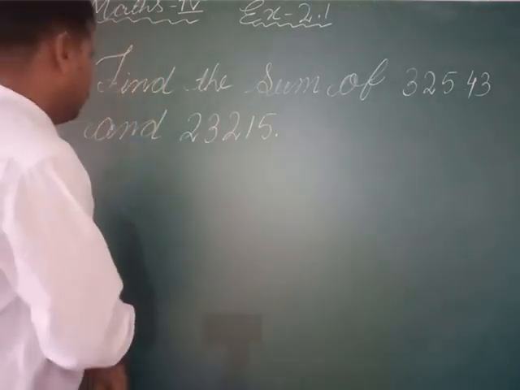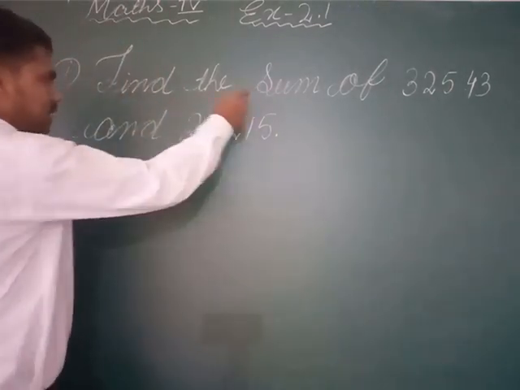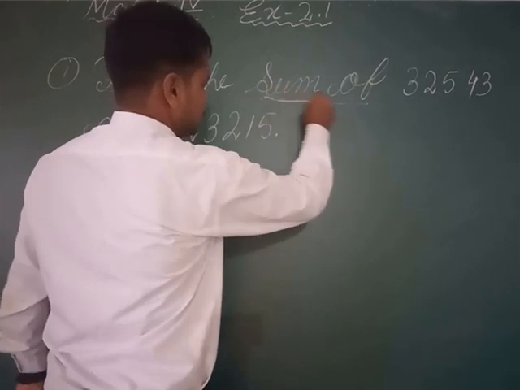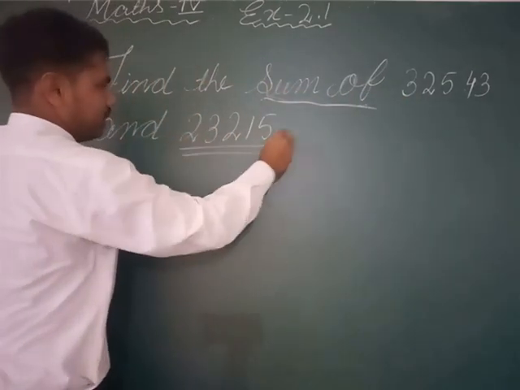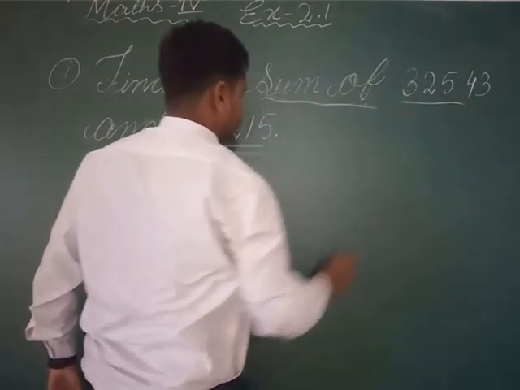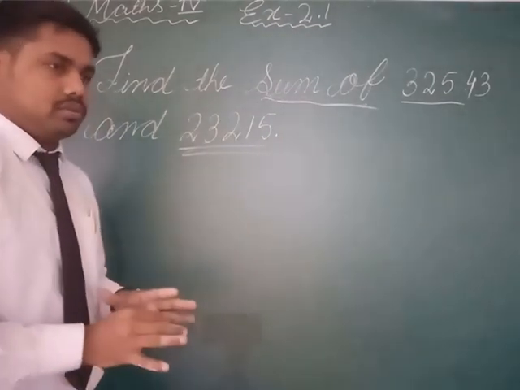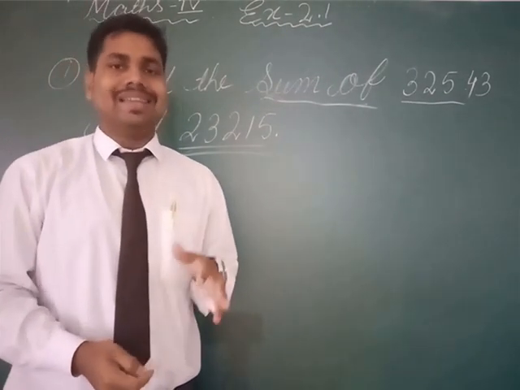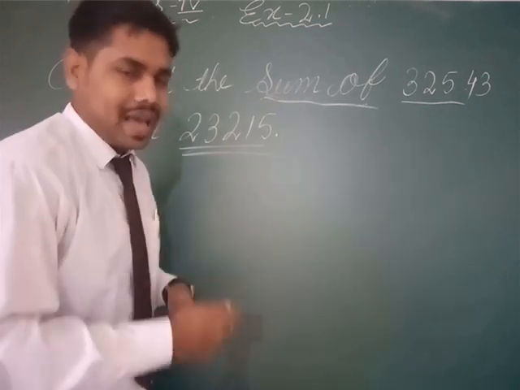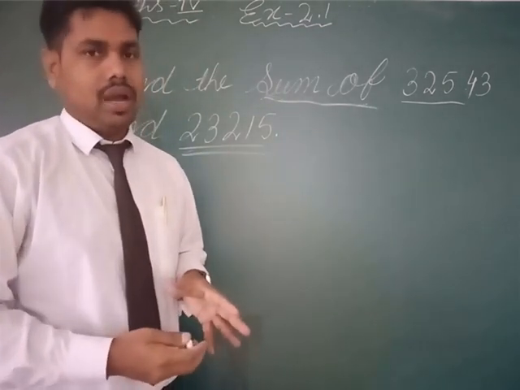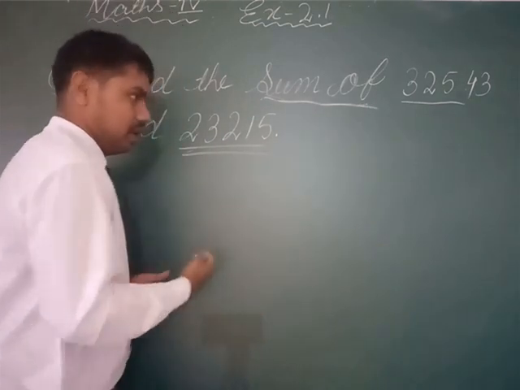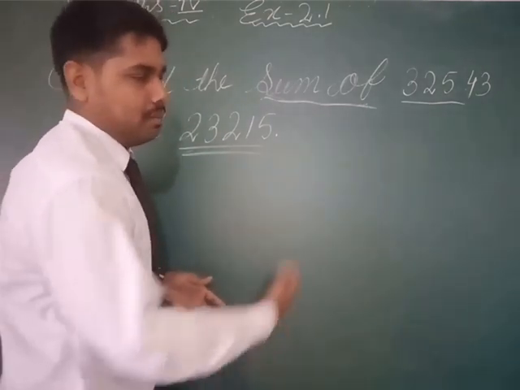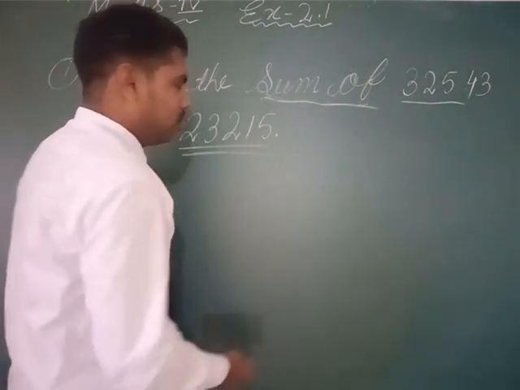Sometimes it is asked like this: find the sum of these two numbers. The basic concern of finding a sum is writing the numbers as per the places of the digits. That means we write the numbers from the right side.